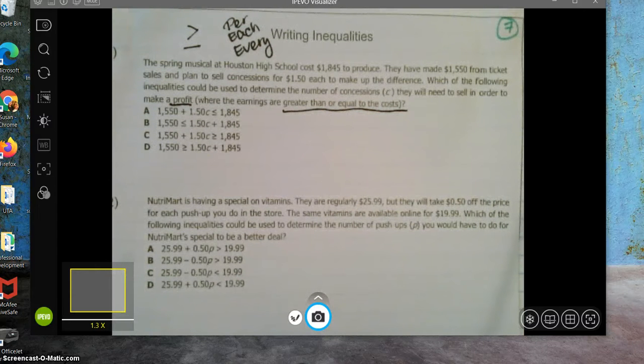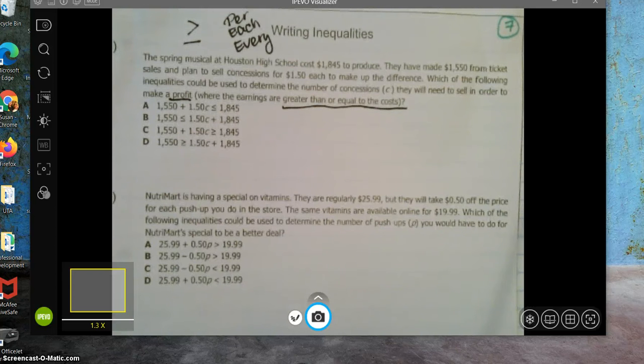One thing I want to make sure we understand, normally profit would mean it needs to be greater than the cost, okay, not equal to. It's kind of like if I buy a shirt for $5 and I sell it for $5, I did not make any profit, okay? So normally if I buy it for $5, maybe I sell it for $6, so then I make $1 profit. But in this case, they're saying greater than or equal to, okay?